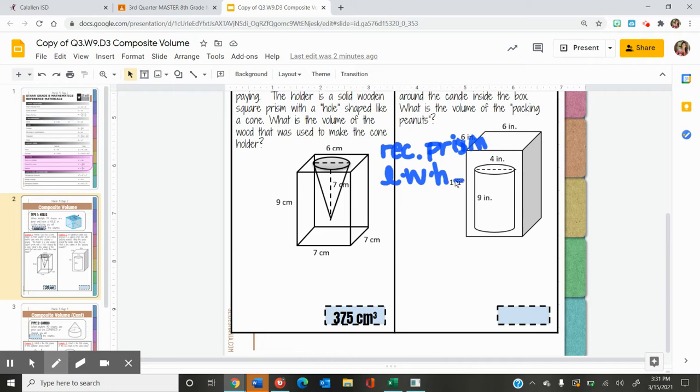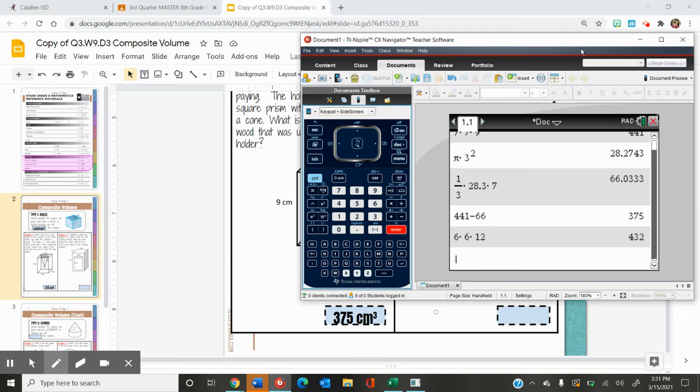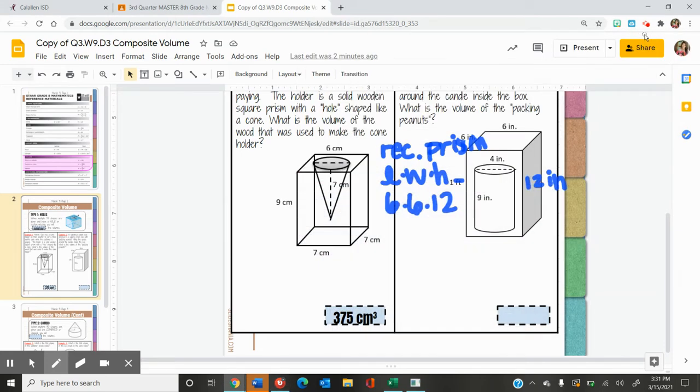I know that 1 foot is 12 inches, so here my height is 12 inches. So the length and width are associated with my base shape, so this is going to be 6 times 6 times the height, which is 12. I'm going to go ahead and put that in my calculator. 6 times 6 times 12 is 432. So the volume is 432 inches cubed.